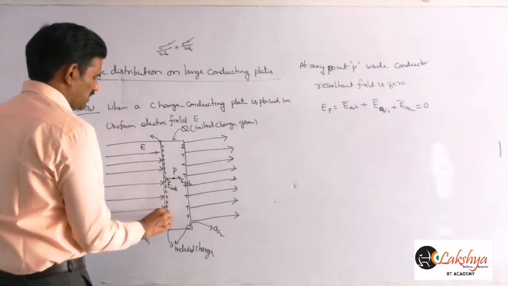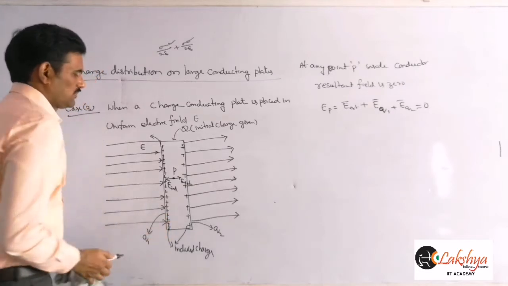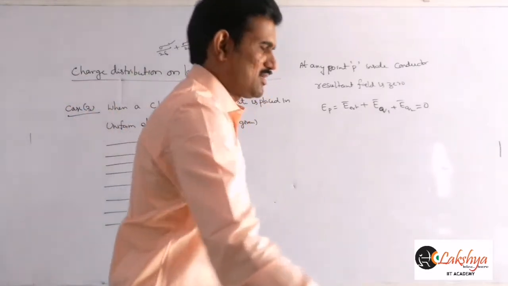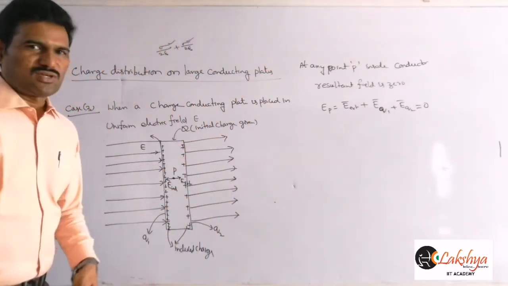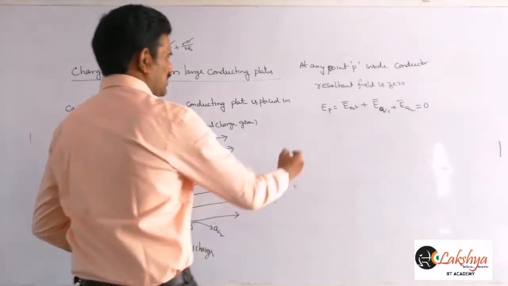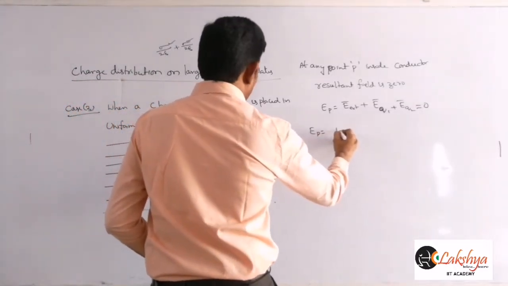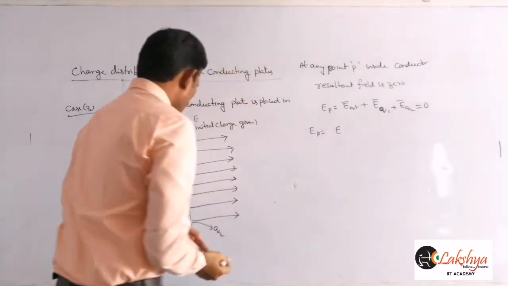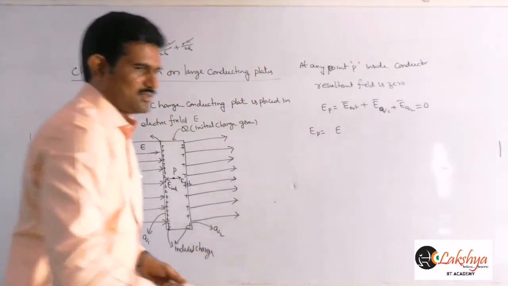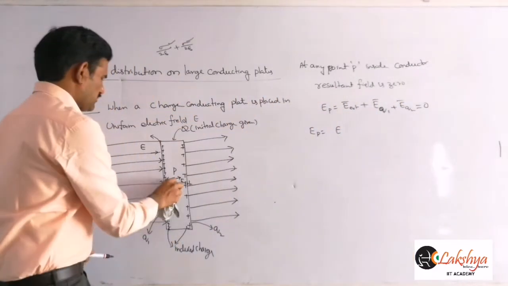So sign we will get now. So on this side some Q1 charge is there and on this side some Q2 charge is there, we are assuming, right. And so now the resultant field at this point is E.